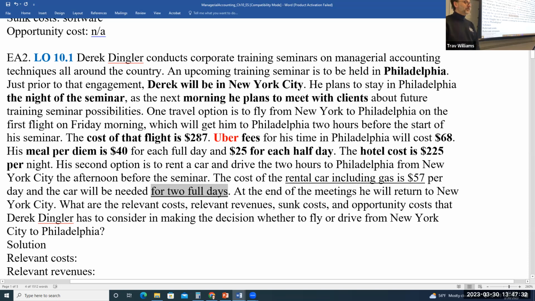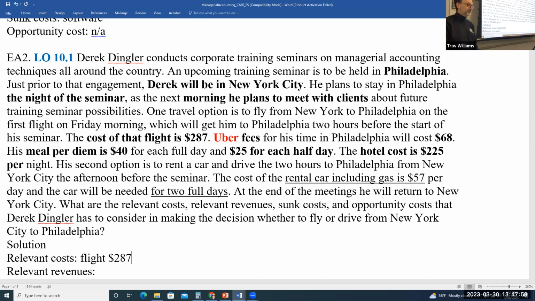The cost of the flight, would that be relevant in making the decision? It is, because if he chooses to fly, he has that cost. But if he chooses to drive, he doesn't have that cost, right? So it would be relevant to the decision. So flights, I'll put the amount.